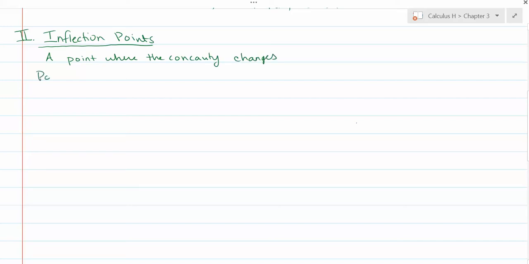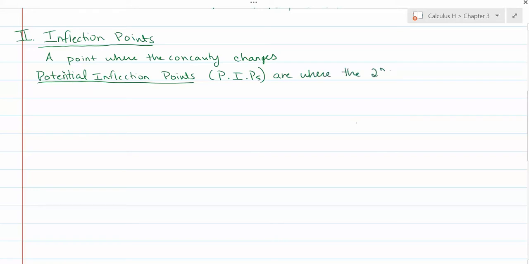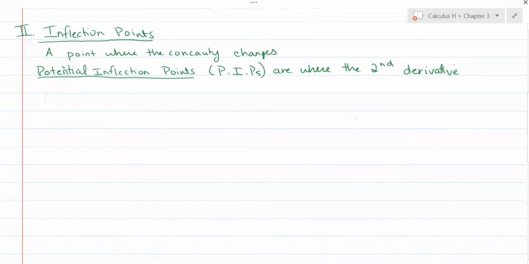We have potential inflection points, and the short name I call them is PIPs. Basically they are where the second derivative equals 0 or is undefined.